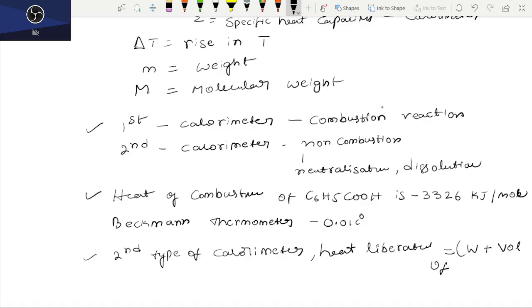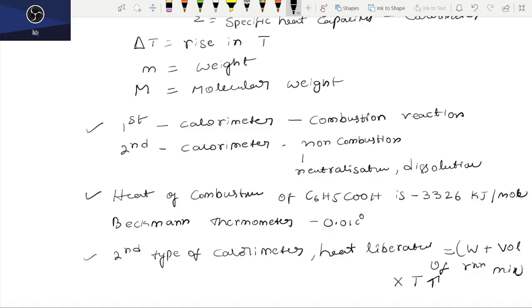That is the second type of calorimeter. How is it going to measure the enthalpy? That is equal to W plus volume of reaction mixture into temperature. That is the common equation for the second type of calorimetry.